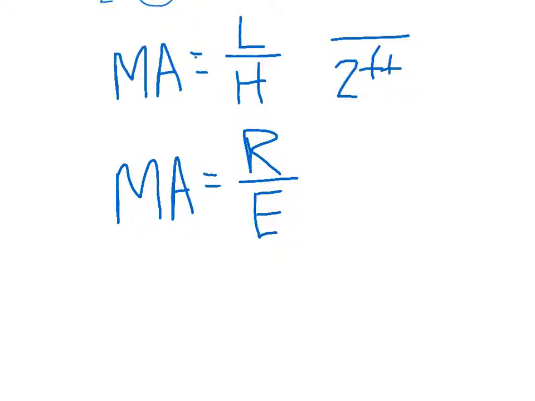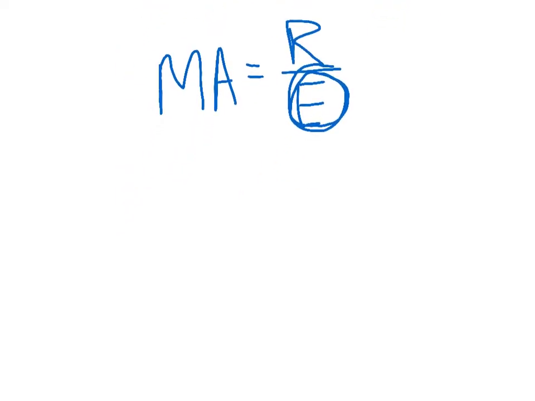So we really need to rewrite this formula if we want to solve for effort. It's asking here how much ideal effort force is needed to get that person up the ramp.